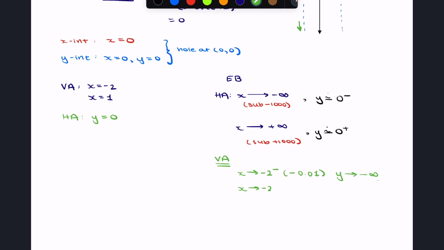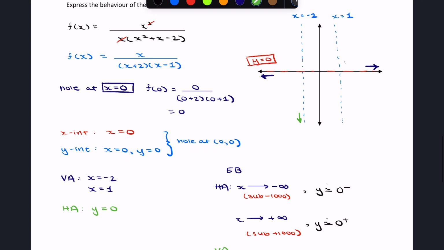If we have -2 from the right, we add 0.01, we see that the y value will trend towards positive infinity.